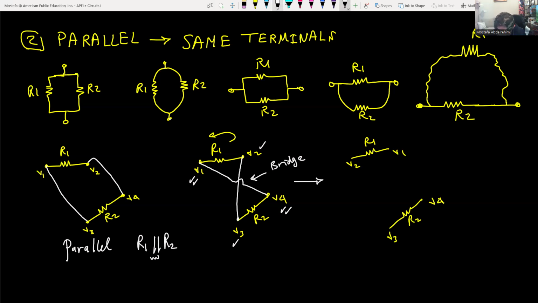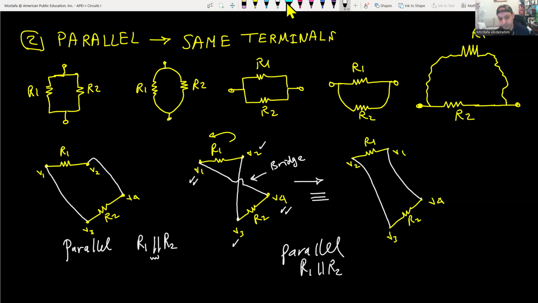And let's connect what was connected. V2 is connected to V3, and V1 is connected to V4. They are exactly the same, equivalent. And both are parallel connections. R1 parallel with R2. Okay?